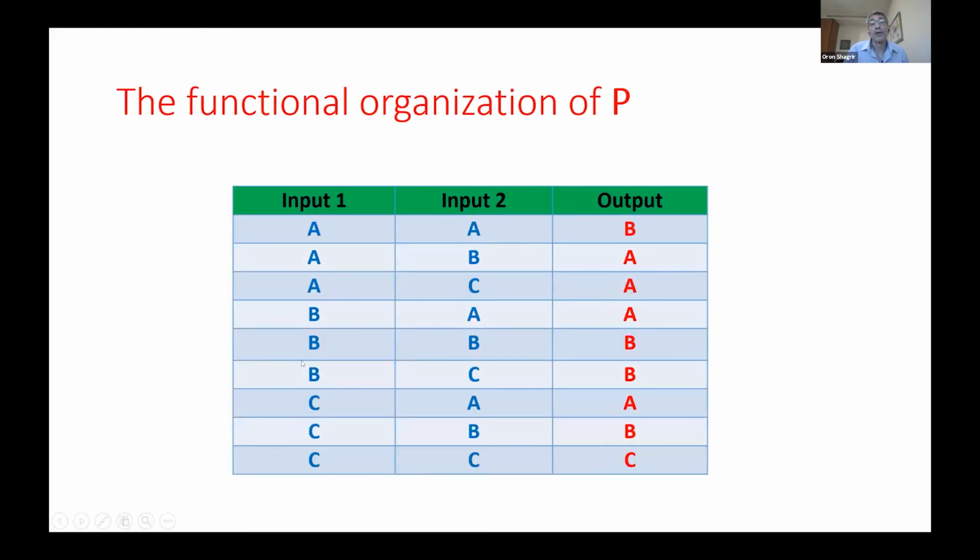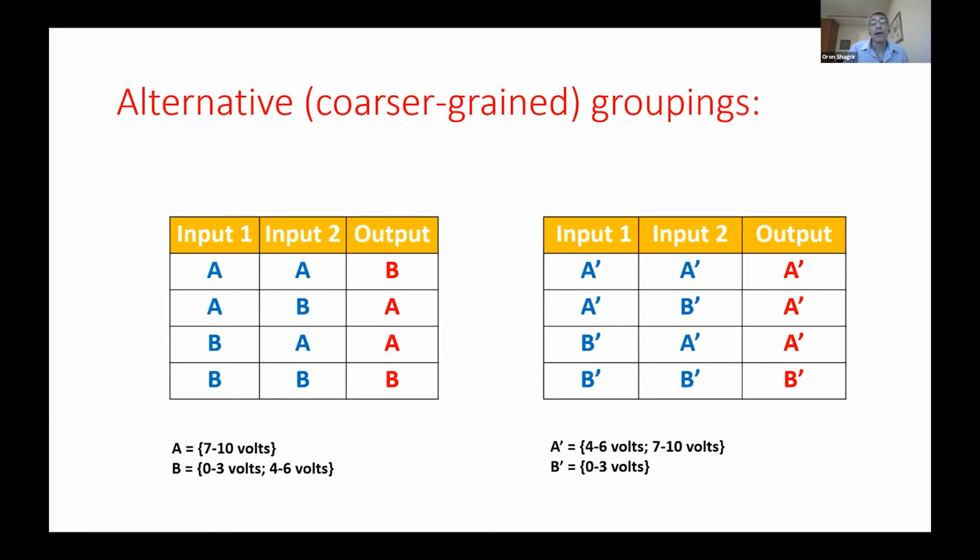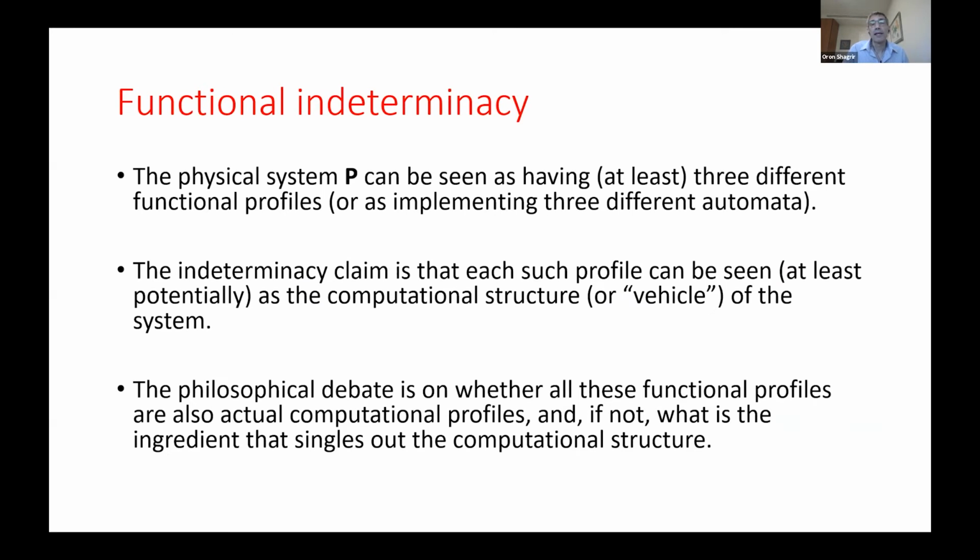Some of them will go even to the voltages. But most people would say that in a given context, the system has only one computational structure. And then the question is, what is the factor that determines the computational structure of the system?